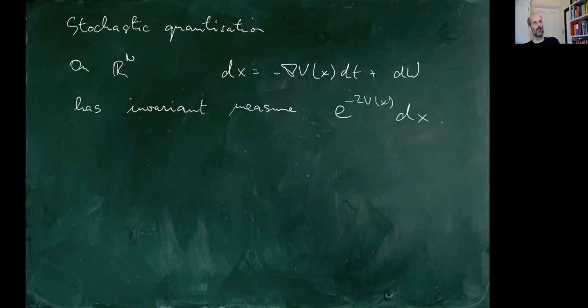And so one way of constructing a measure of the type e to the minus some action functional times Lebesgue measure is to look at the corresponding gradient flow, hope that the process that you construct in that way has an invariant measure, and then define the measure as being the invariant measure for that process.